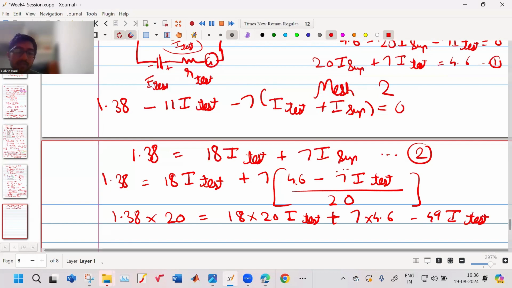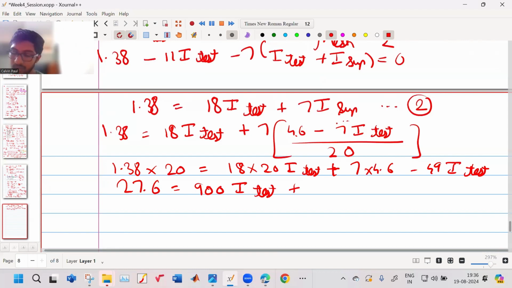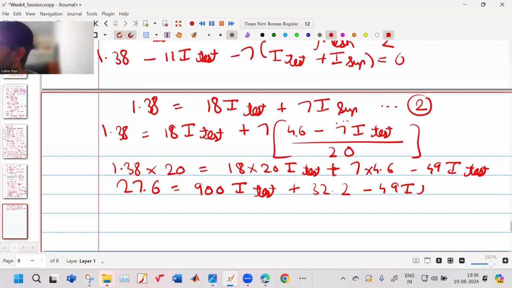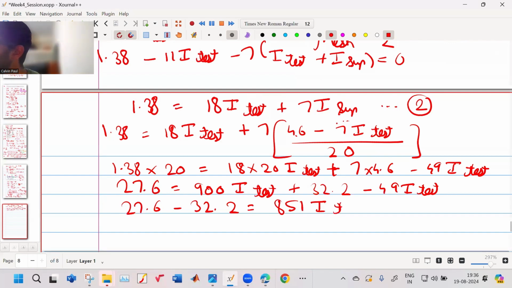Right? So what is 1.38 into 20? This is 27.6 is equal to 18 into 20 is 900 I test. 7 into 4.6 comes out to be 32.2 minus 49 I test. So it becomes 27.6 minus 32.2 is equal to 900 minus 49. That becomes 851 I test.